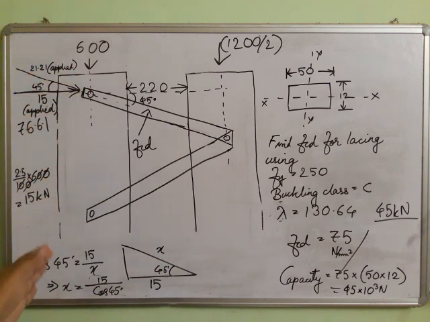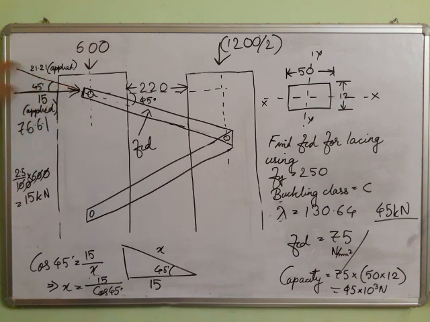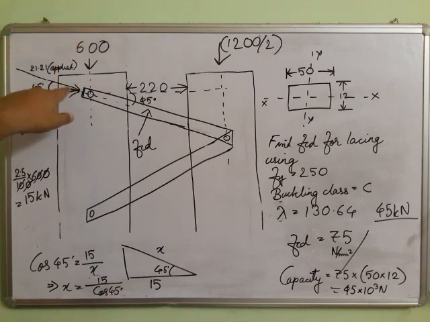If 600 goes in the opposite direction, all the directions will change, and then this compression load becomes tension. So we also have to check whether the lacing can take tension, and how much.